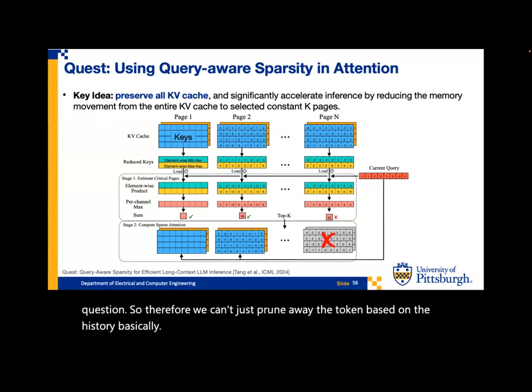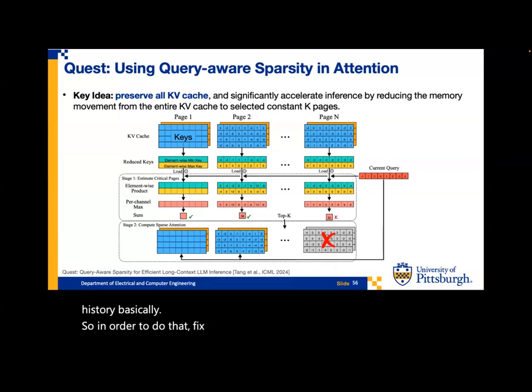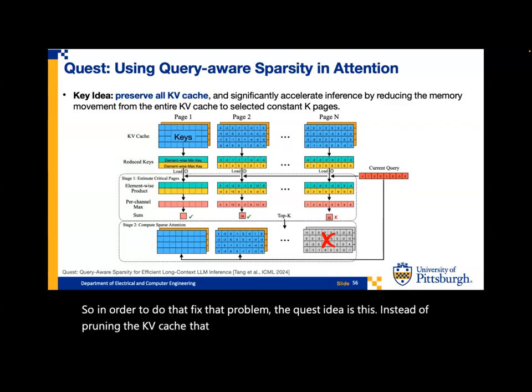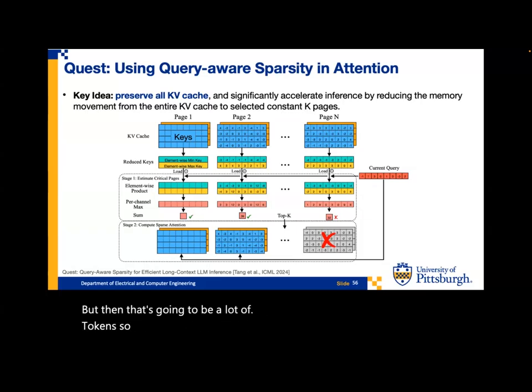In order to fix that problem, the Quest idea is this. Instead of pruning the KV cache, we are going to preserve all of it. But that's going to be a lot of tokens. So in order to accelerate this, we only select a subset of the whole KV cache for my current attention.